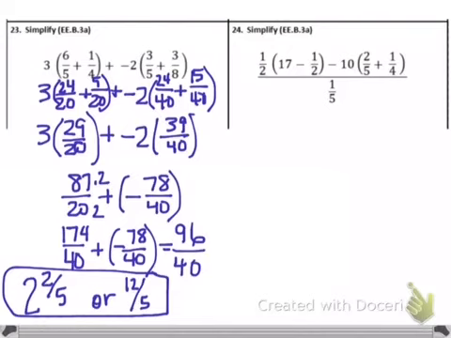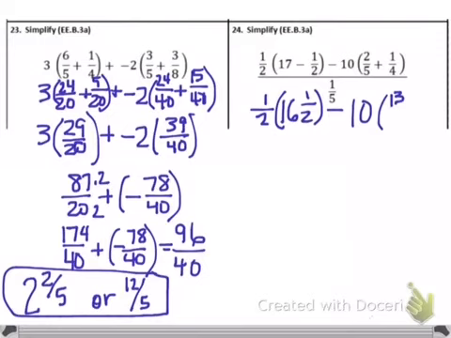So when I look at the 17 minus 1/2, that's going to come down as 16 and 1/2, and then you are 10, and then inside the parentheses, when you take the 2/5 and you add the 1/4 to it, again you're going to have that common denominator of 20 like we did over here in the other one, and you're going to end up with 13 over 20.